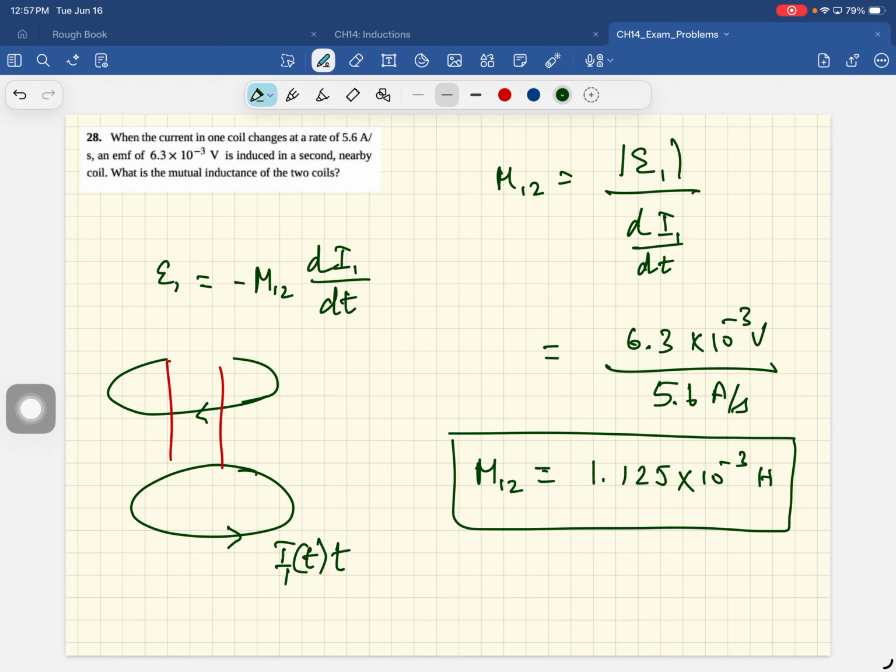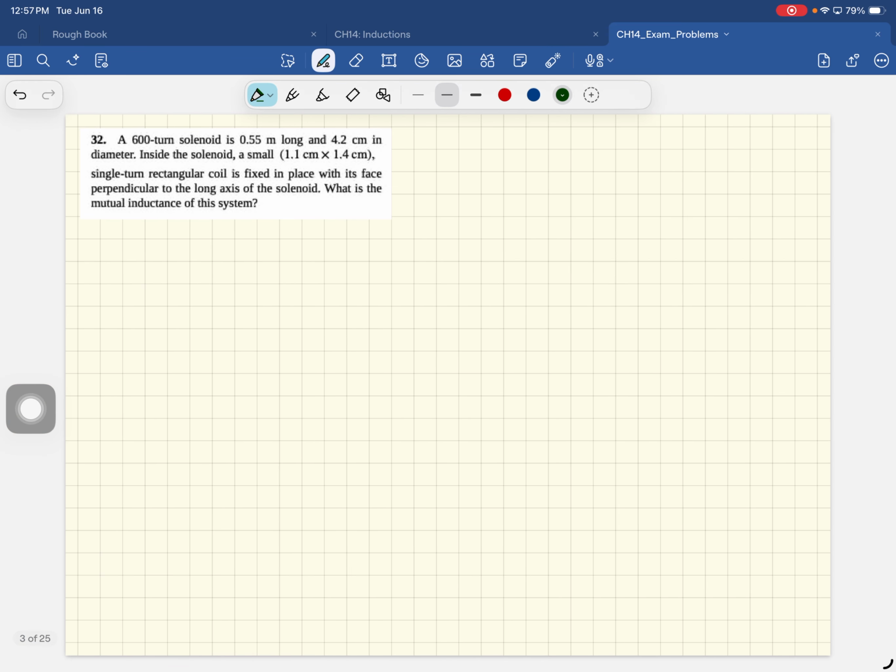It has 600 turns, and the length is 0.55 meters. And the area of the secondary coil is that, in centimeter squared, 10 to the minus 4 meters squared.